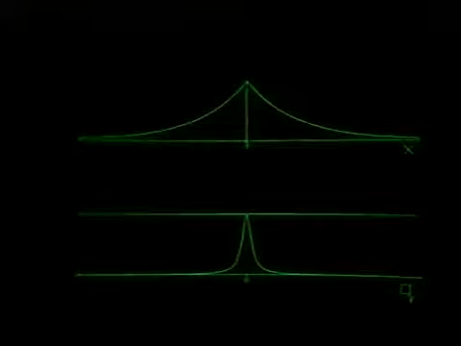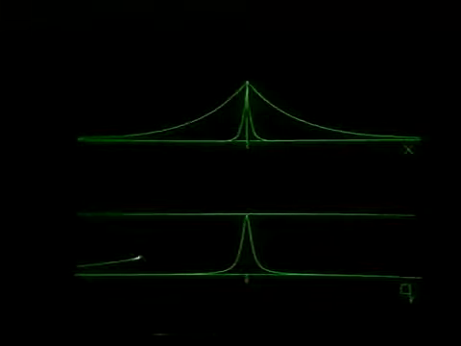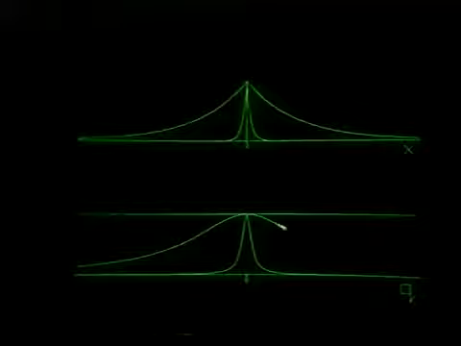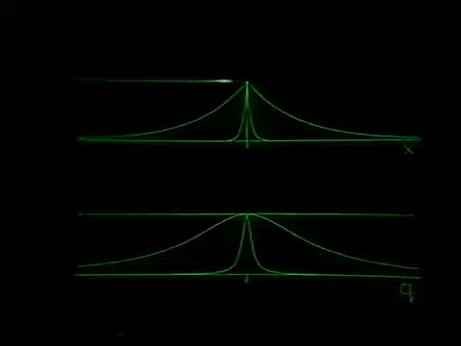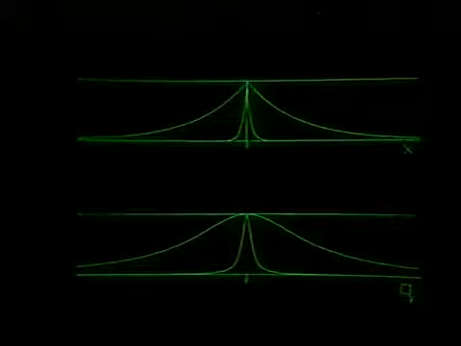This is a function which looks very similar to the Gaussian, the bell-shaped Gaussian. It is marginally different out in the wings. As we narrow down the exponential in the top trace, the Lorentzian in the bottom trace expands out. And in the limit, the continuum transforms as the spike.